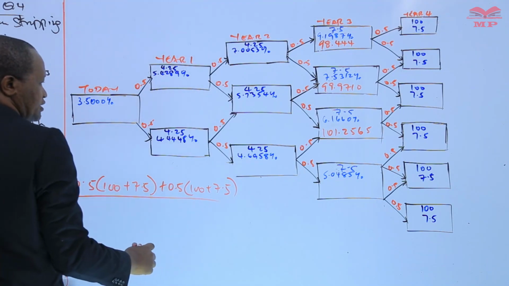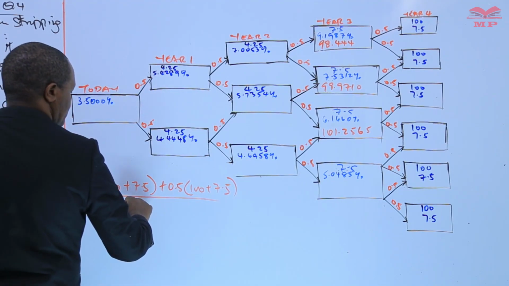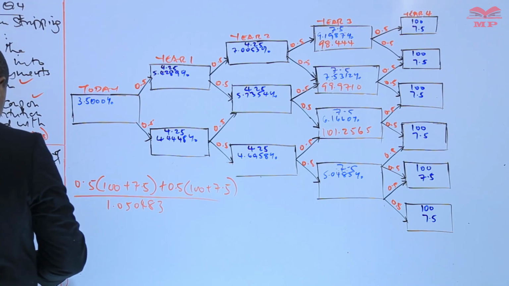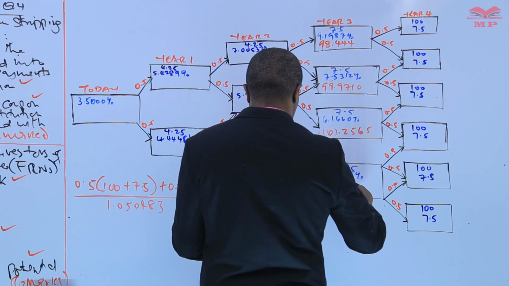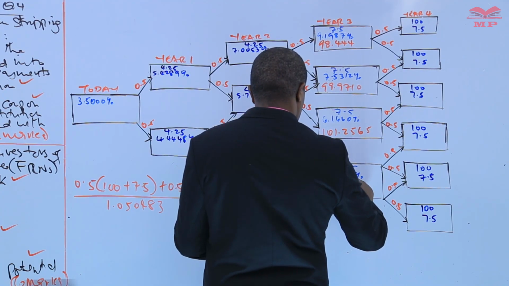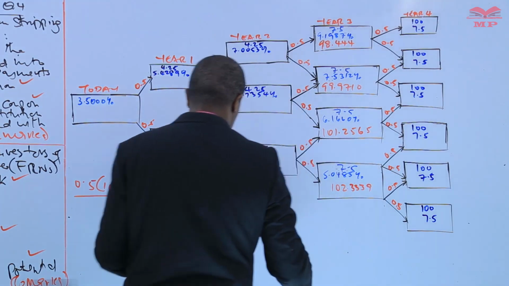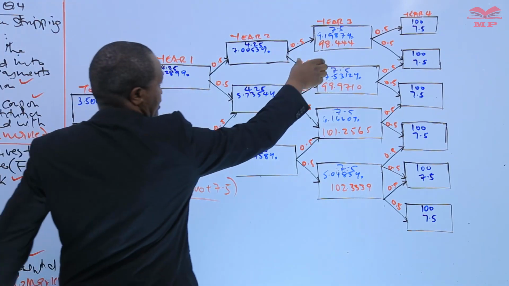The rate is 5.0, so it will be 1.050483, which gives 102.3339. So we've done that operation at year 3.